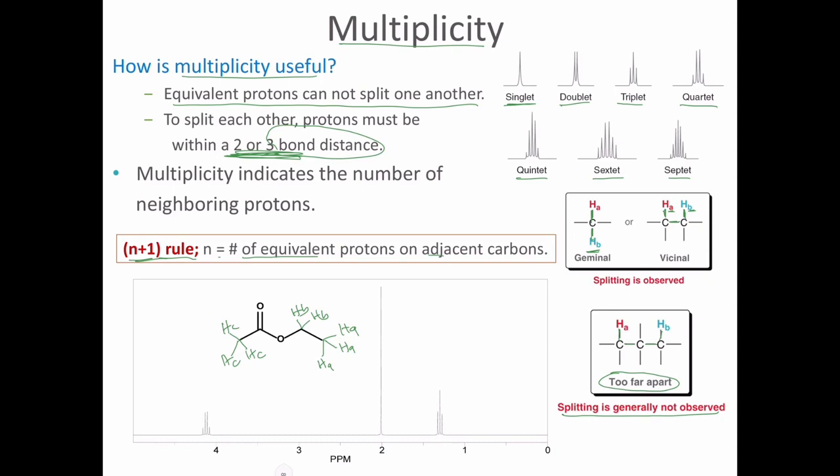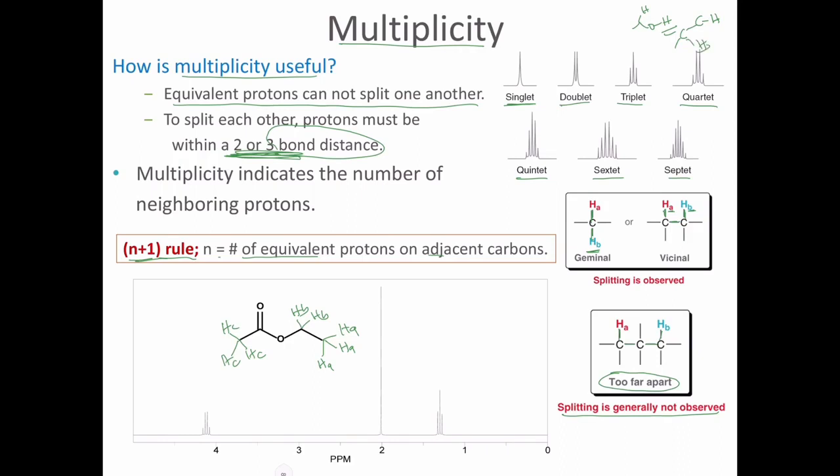Splitting only occurs when a proton is connected to a carbon and another carbon. So no splitting occurs if you have oxygen connected to a proton. It only occurs if you have carbon connected to that, and there's another carbon which is also connected to another proton, okay?